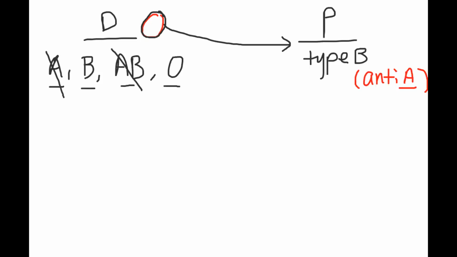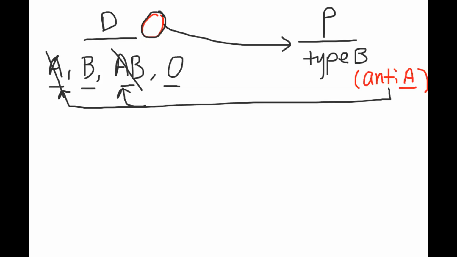So type A and type AB cannot be used in this case, because this anti-A antibody is going to react to the antigen A and destroy all the transfused blood cells.